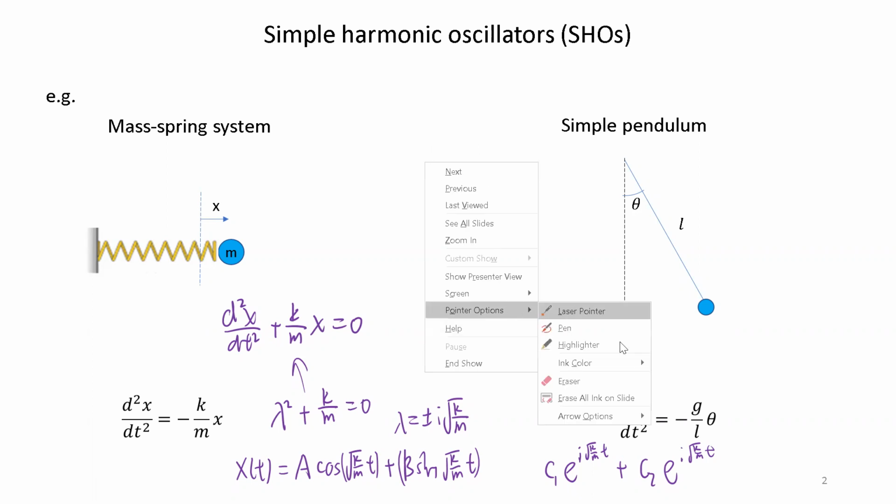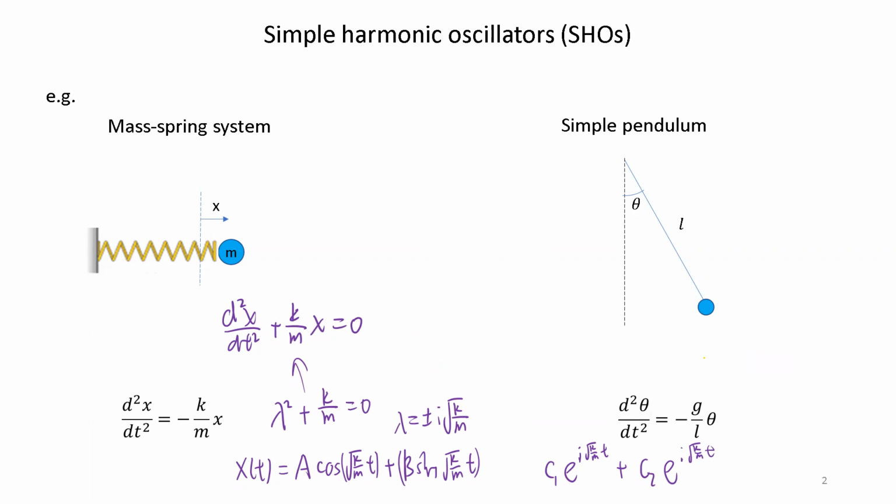Just imagine that I add another spring to the right-hand side and then attach it to another mass, and then you can keep doing that, and so on. Of course, if I do more and more, the math will be more complicated, but that's the idea.